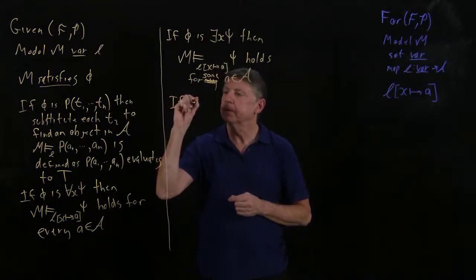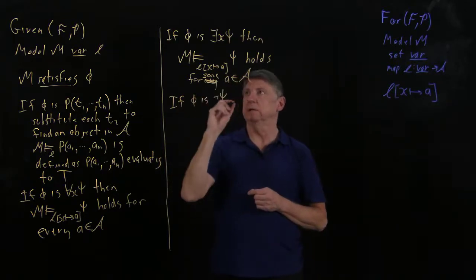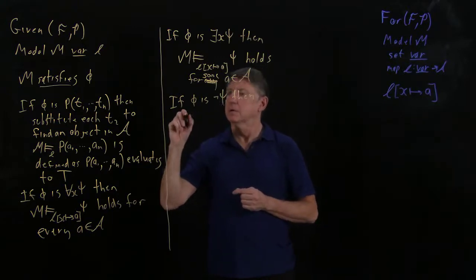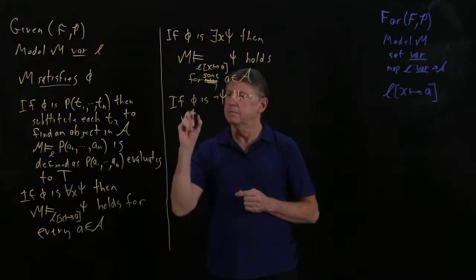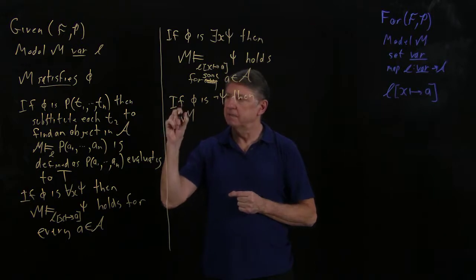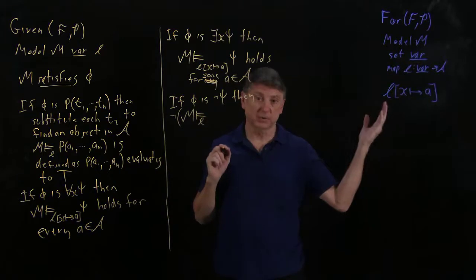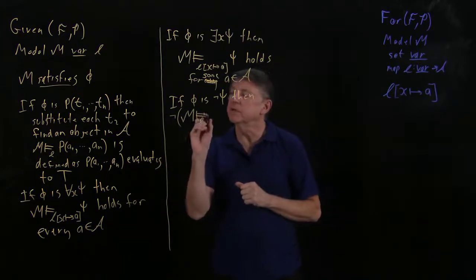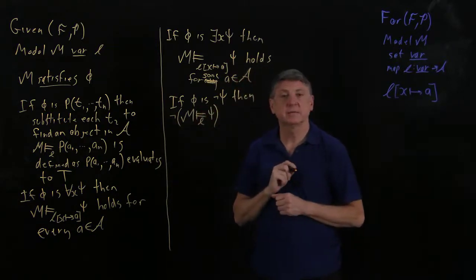If the formula is the negation of psi, then it's false that the model, using our general lookup table, because now we don't have any particular variable that we're going to insert, holds for that.